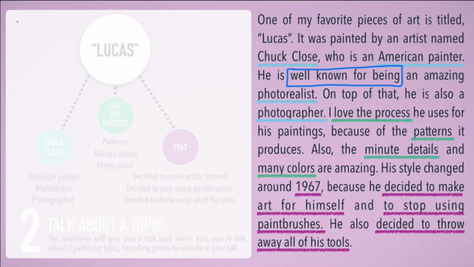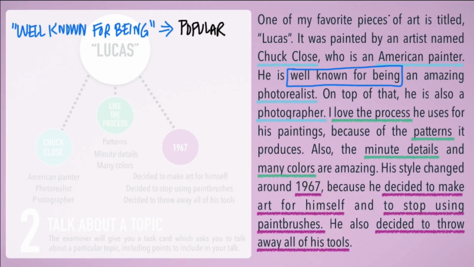Okay, so let's add this to the left side and I will explain to you what this is used for. So what this pattern means. Well known for being. Now this pattern actually just means popular for or popular because.